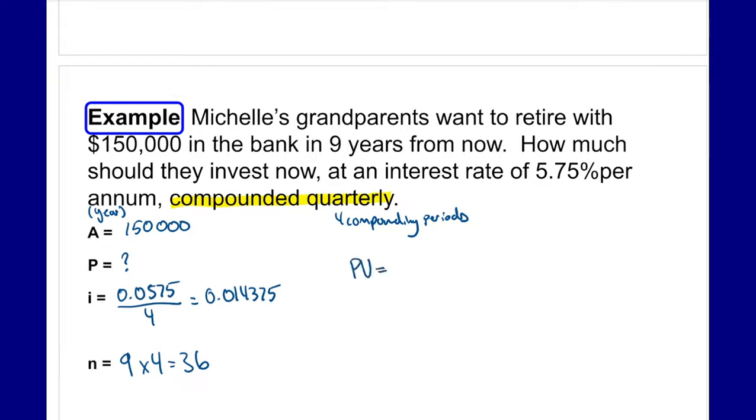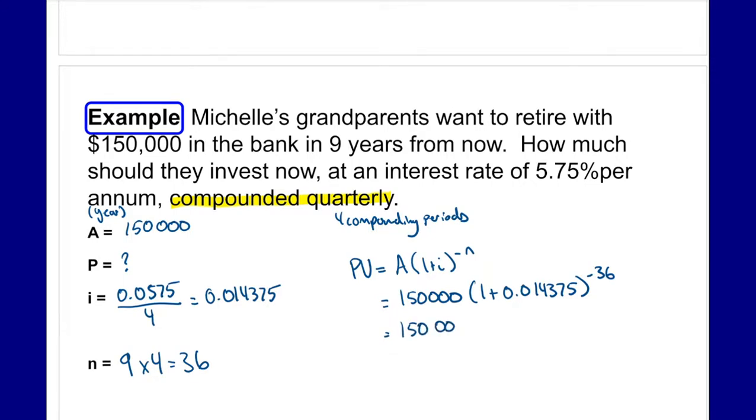So our present value is going to equal A times 1 plus I to the power of negative n. So 150,000 times 1 plus 0.014375 to the power of negative 36. Again, we can simplify that bracket: 1.014375 to the power of negative 36.